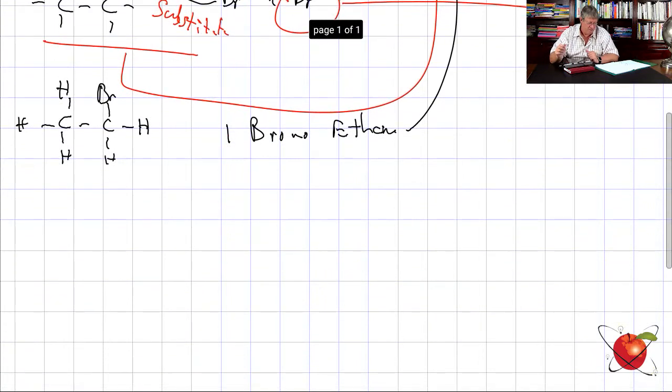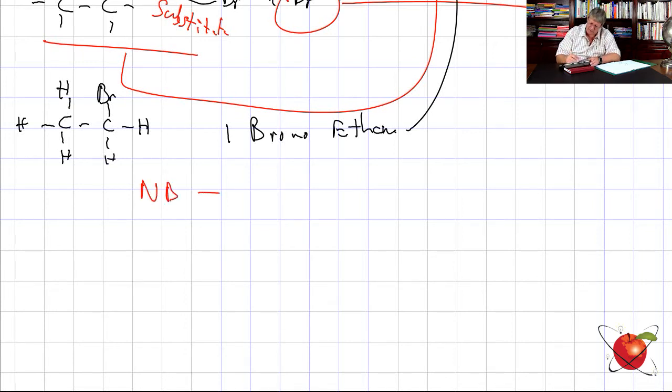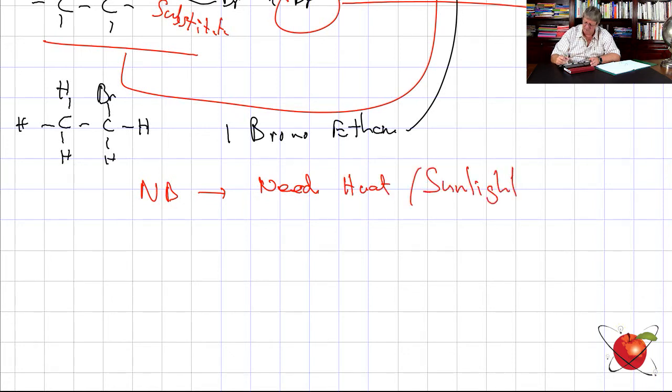Now, this one here, and this is what you have to remember, and you'll see why when we do examples, NB, this needs UV, heat, and sunlight, or UV light.